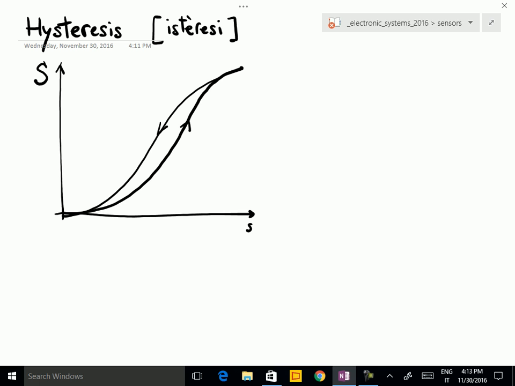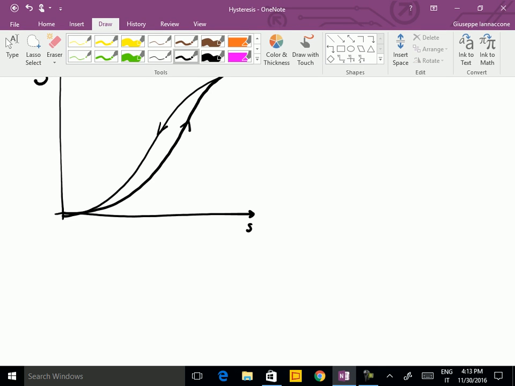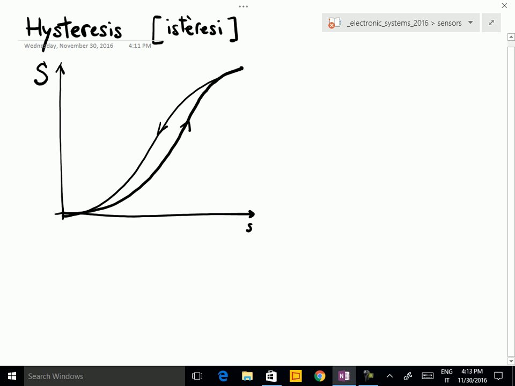Okay? And typically, this is a curve with a hysteresis, and by hysteresis we define the maximum difference between the two lines along the horizontal axis. So, for example, in this case, the hysteresis is going to be this part: the difference between the two values of the stimulus for the same value of the electric signal when it is maximum. Okay.